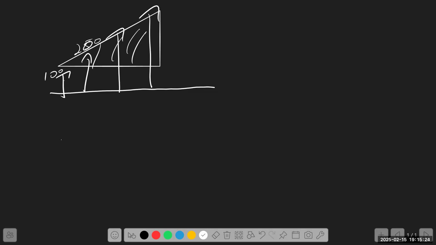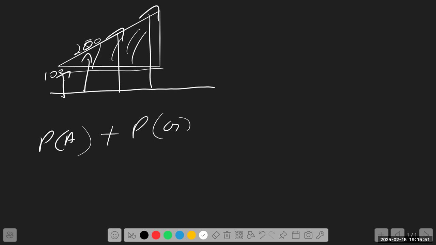So here two cash flows are there: annuity and gradient. Both are multiplied by 100, because we are drawing a line here.